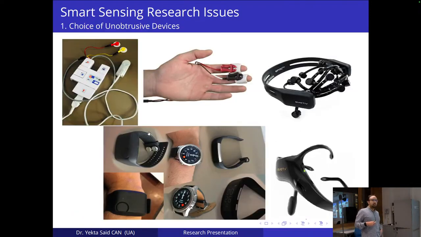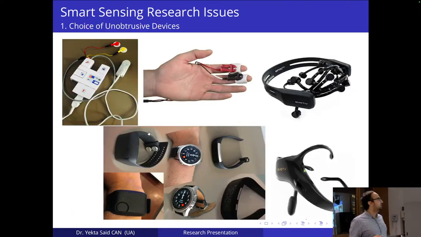If we want to detect stress in daily life, we need to choose unobtrusive devices. You can see the devices above have cables and boards. Although they have higher data quality, we need to go with the devices below because they are more suitable for use in daily life.